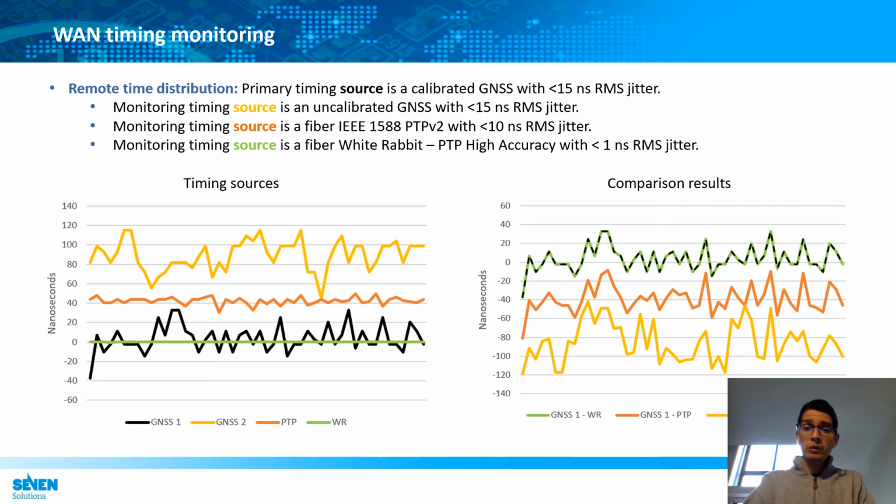So having White Rabbit is at least an accurate way to adhere to your reference. You will have the sub-nanosecond accuracy, and then you will be able to measure with better precision the potential asymmetries that we have in the fiber link, or the potential calibration issues because of the delays in the GNSS antenna or the GNSS cable connecting to the GNSS receiver.